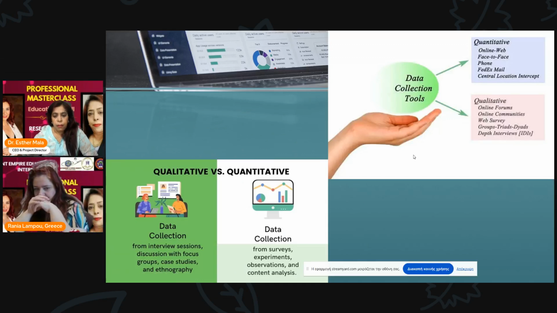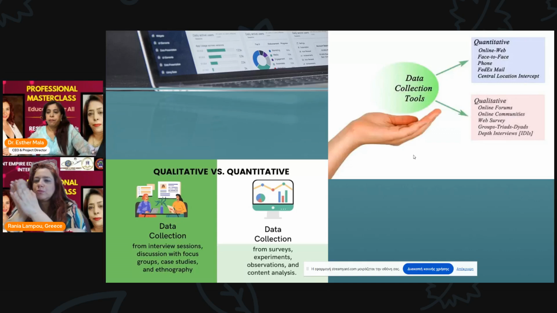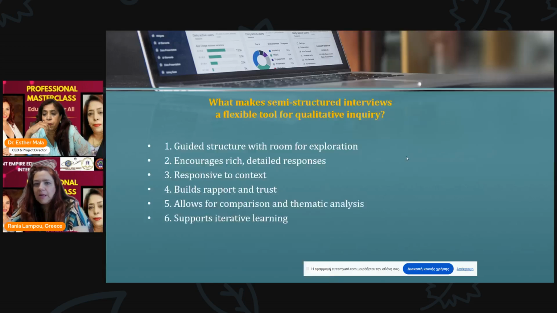So, for quantitative design, we use experiments, observation, content analysis for data collection. And the tools for quantitative could be online or web, face-to-face, or phone, or mails. For qualitative, we have online forums, online communities, depth interviews, etc. So what makes, for example, semi-structured interviews especially adaptable and valuable in qualitative research?